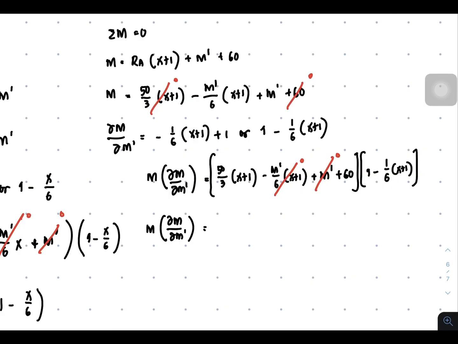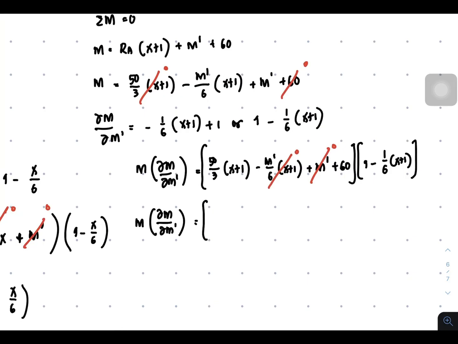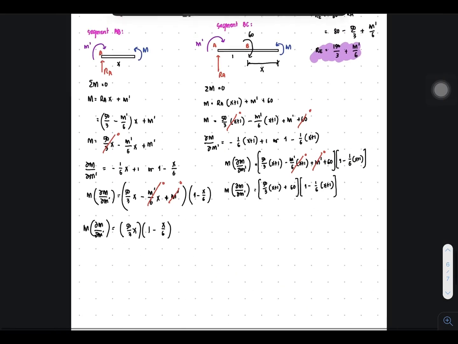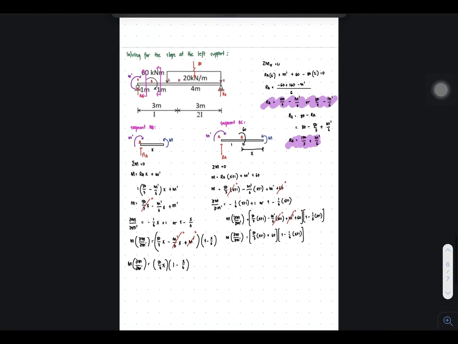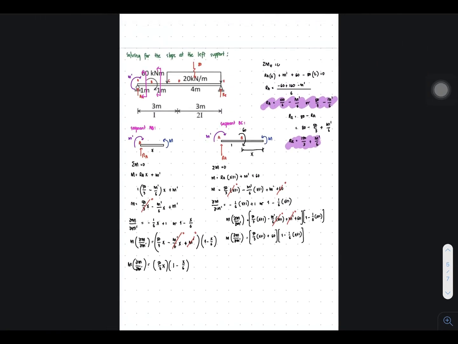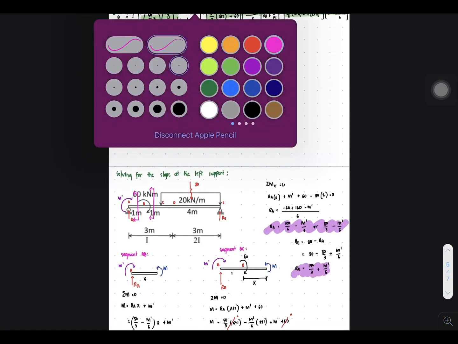So it's going to be 50 over 3 x plus 1 then plus 60 times 1 minus 1 over 6 x plus 1. So that is for the segment BC. Let us continue with the next segment.